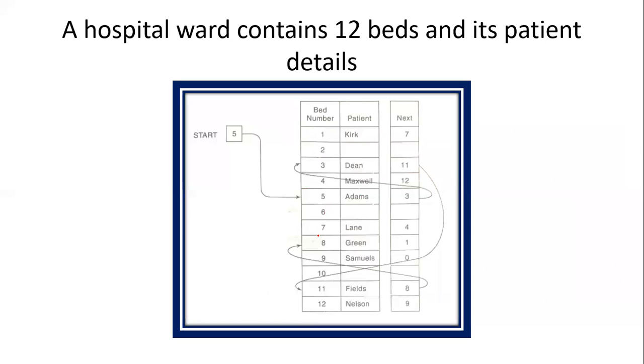Now here, let us say this is a linked list. This linked list has the details about patients in a particular hospital ward that contains 12 beds. As I told you, in a linked list, we can start from anywhere, provided we have a link to the subsequent nodes.